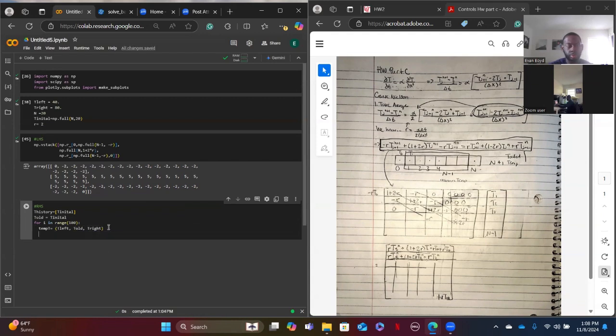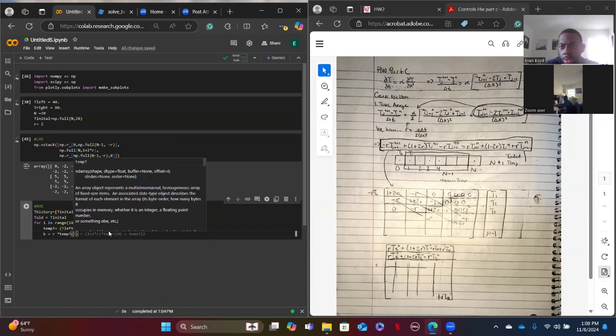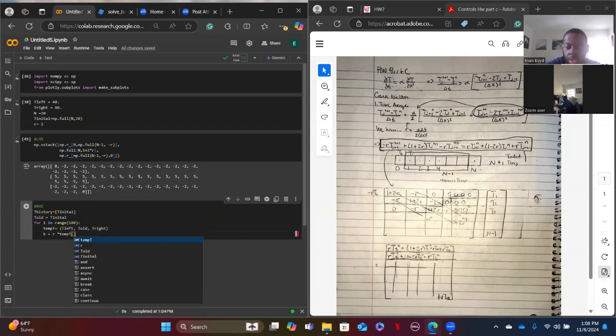Okay, next we want to put this entire right-hand side equation in. We'll use this B. B is equal to R times temp T at, since this is a +1 step, we want to start at 2.